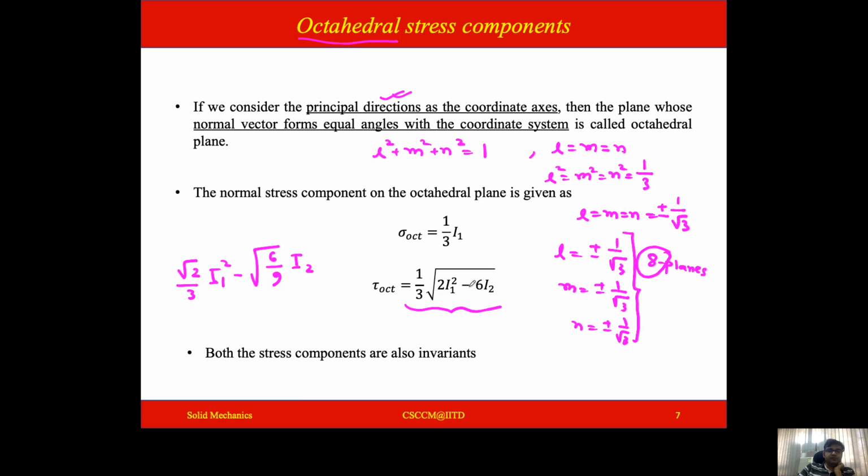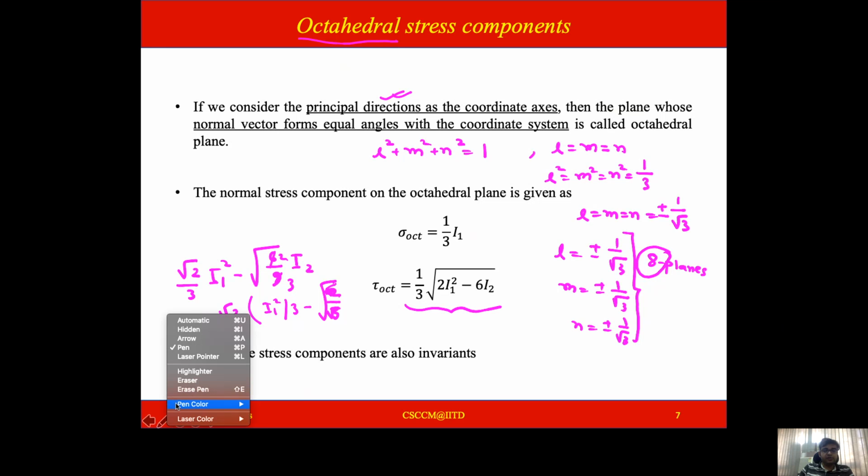And then when you cancel it out, it becomes 1 by 3. So square root of 2 I1 square by 3 minus 1 by root, this becomes 2 by 3 actually. So square root of 2 by 3, so square root of 2 can come outside.